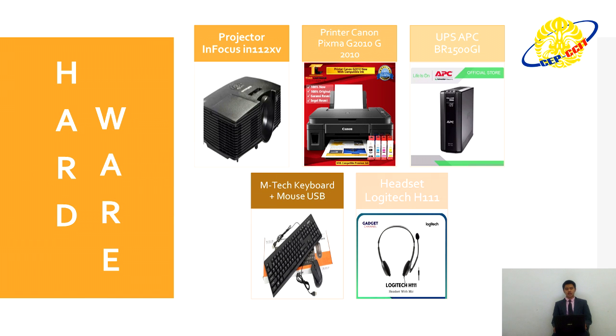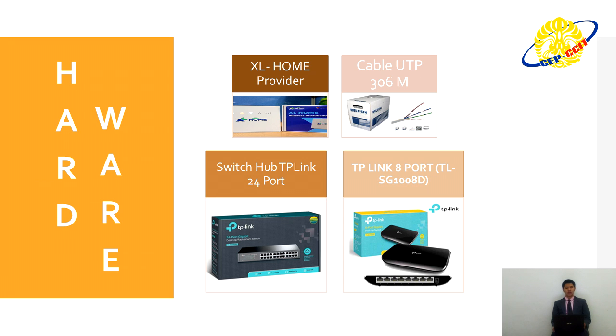We also add other additional tools such as a keyboard plus USB mouse, Logitech headset, a projector, Canon Pixma printer, APC UPS, TP-Link 8 and 24-port switch hubs, 300 m UTP cable, and of course XL Home as the internet provider.